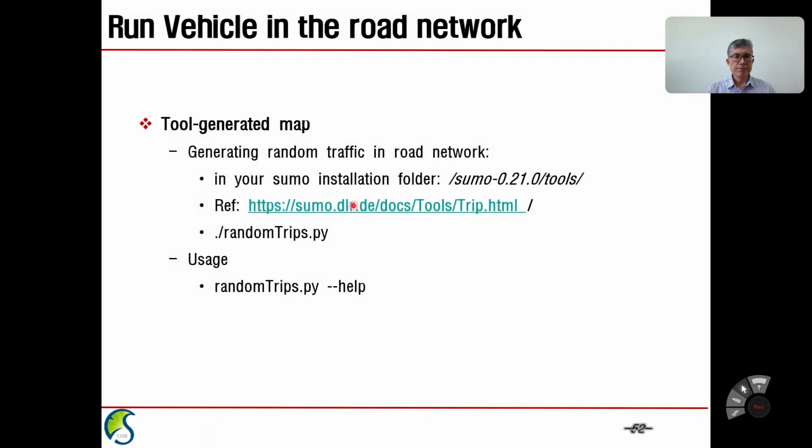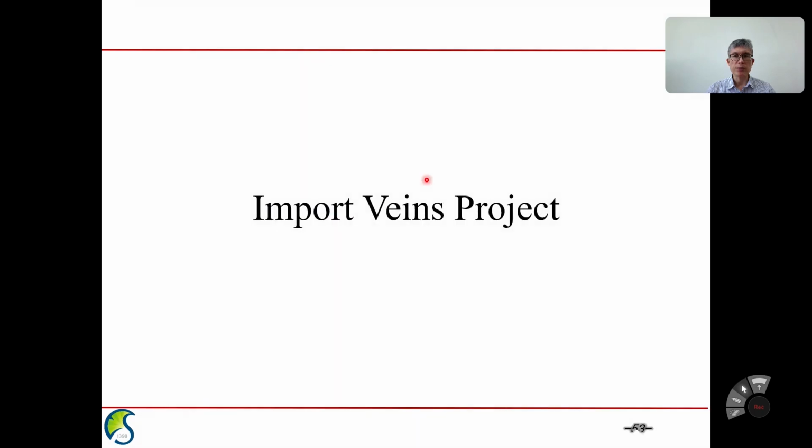And then the random trips method. Once you generate random traffic with randomTrips, we load this kind of random traffic. Okay, this is a loaded traffic in SUMO, so you can see the example running over SUMO.